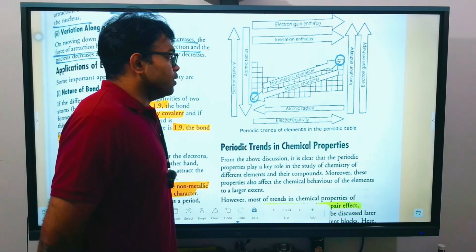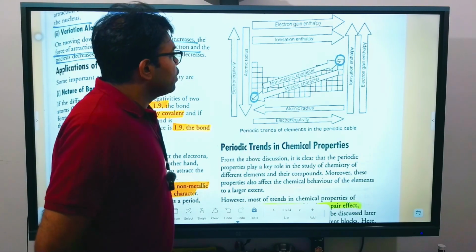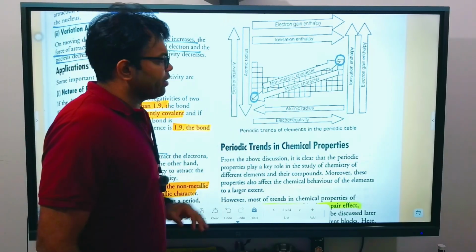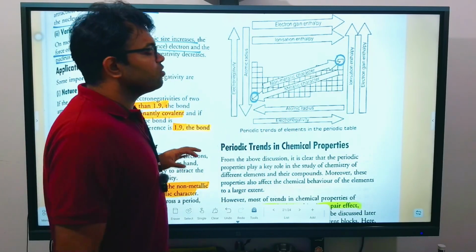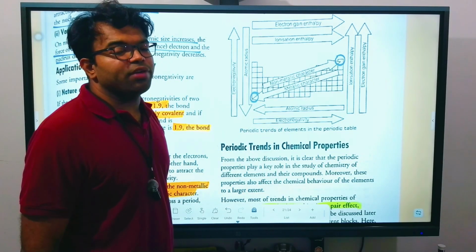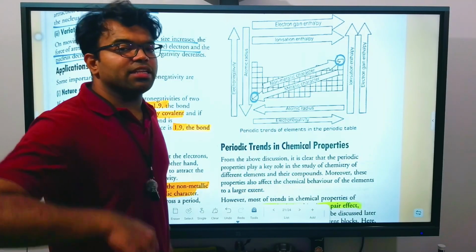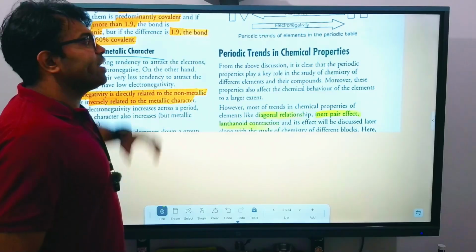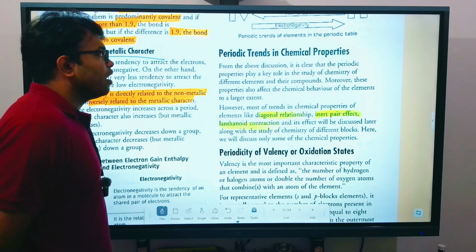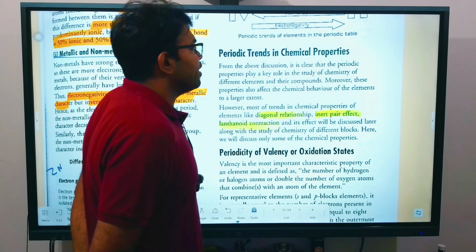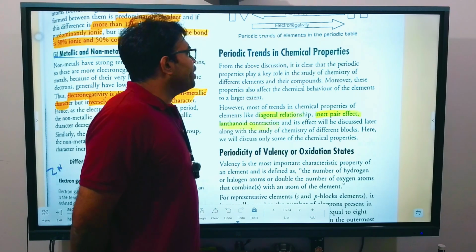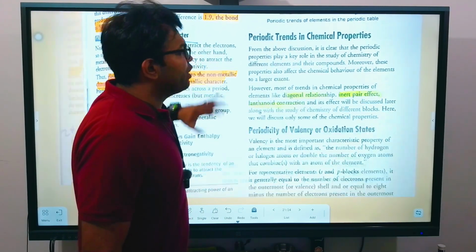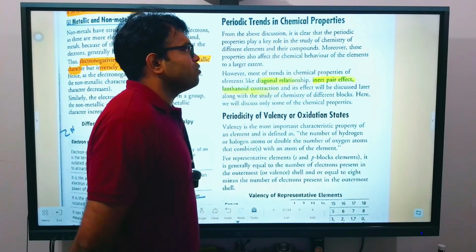Okay, fine. Now, the atomic radii, as we all know, increases from right to left, because of the effective nuclear charge increasing and the shielding effect not working that well. Now, periodic trends in chemical properties. From the above discussion, it is clear that the periodic properties play a key role in the study of chemistry of different elements and their compounds.